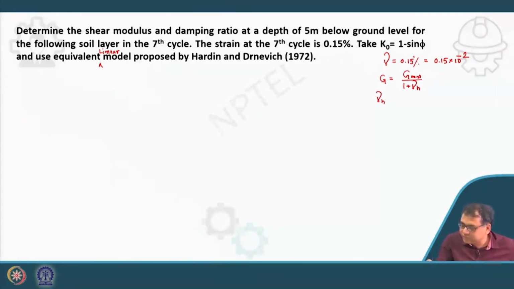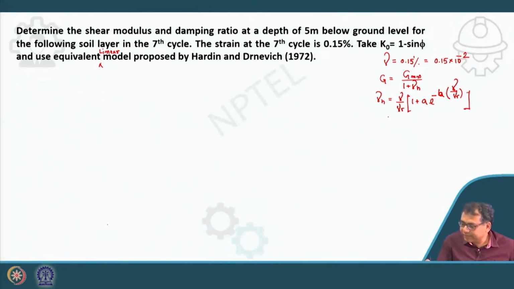Strain H for modulus is strain by strain reference, 1 plus A e to the power minus B strain by strain reference.